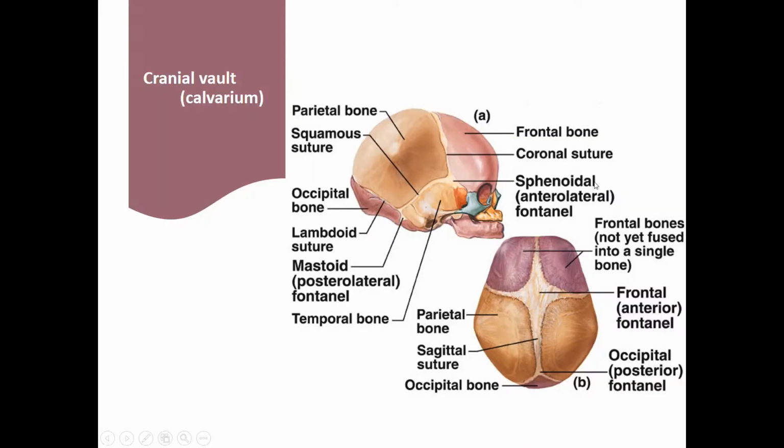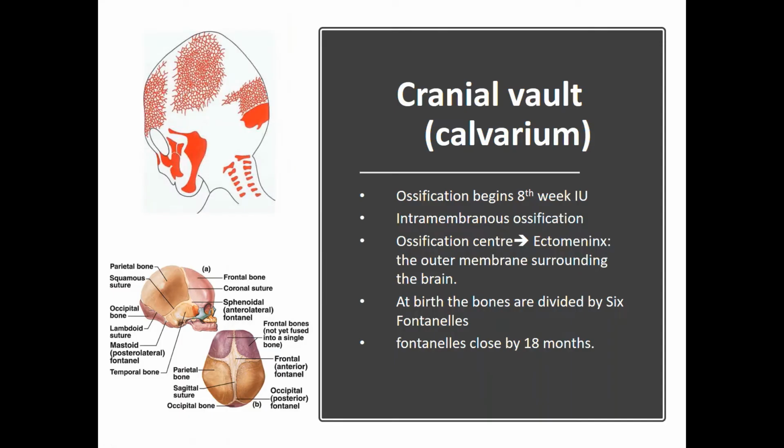As you know, the cranial vault consists of different pieces of bones: the frontal bone, parietal bone, and the squamous part of the temporal bone and the occipital bone. The cranial vault, first sign of ossification actually appears at week number 8 intrauterine, and the type of bone formation is intramembranous ossification. So what happens is that the brain is covered with a membrane called ectomeninx.